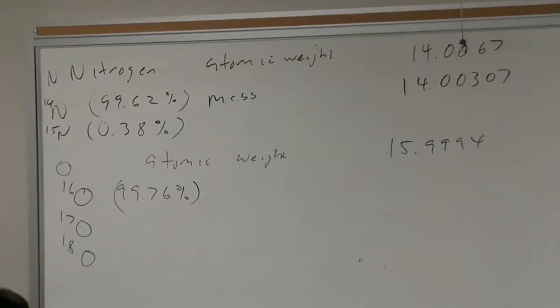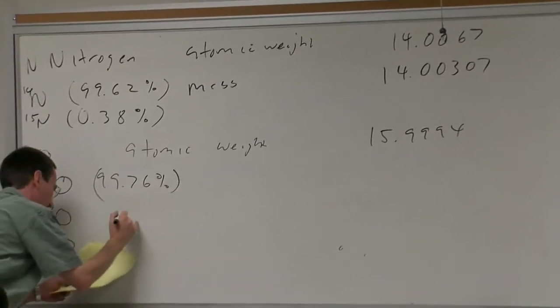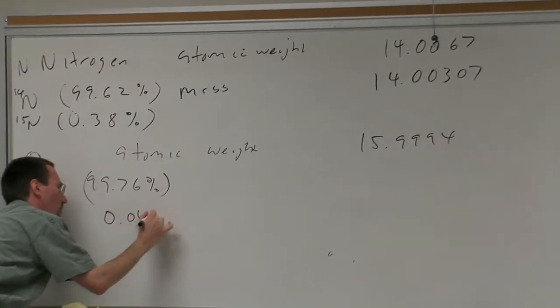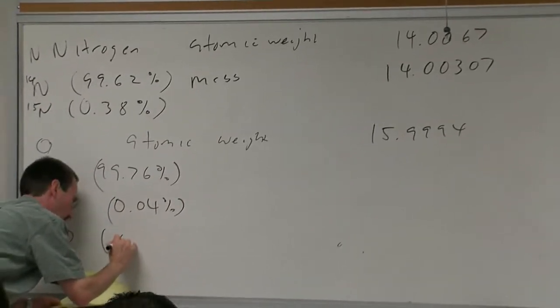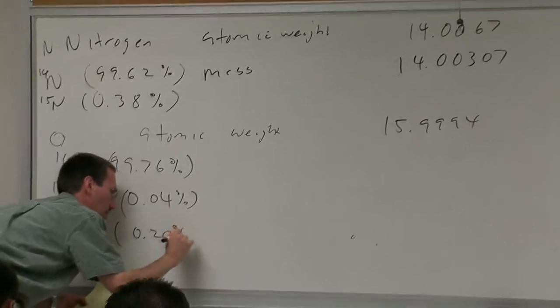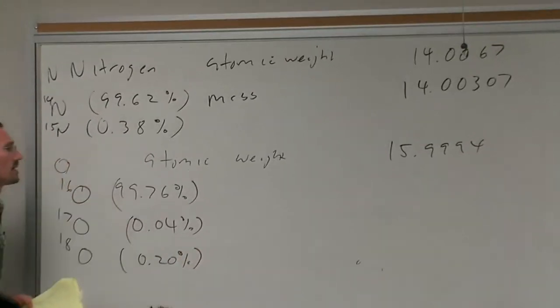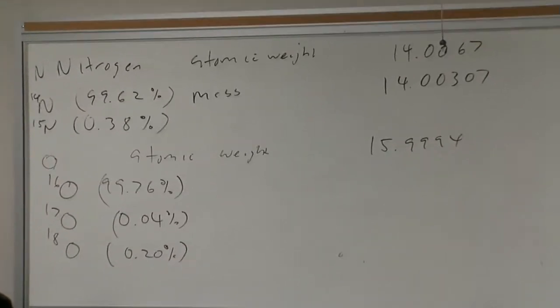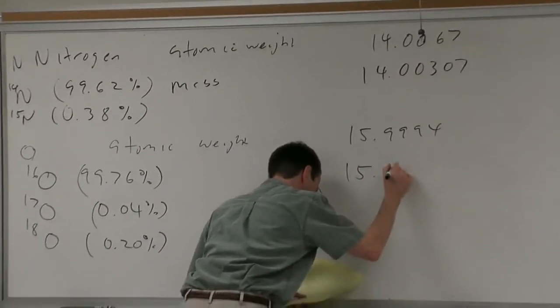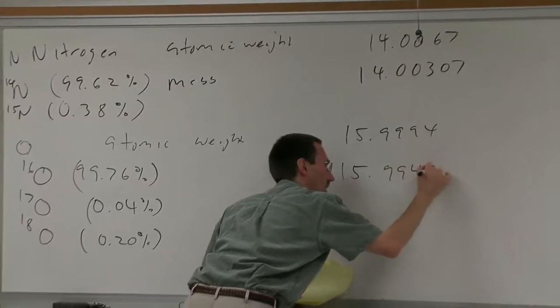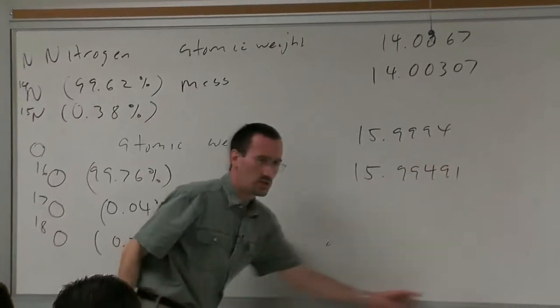There's just a tiny smidgen of oxygen-17, 0.04%, and just a little bit of O18, 0.20%. And so the mass, when you're thinking about mass spec, is 15.99491 for oxygen.